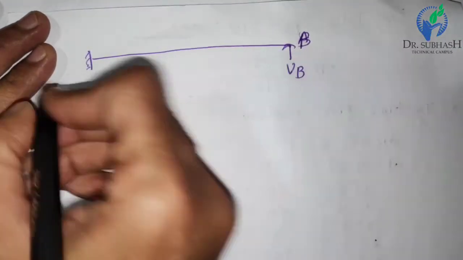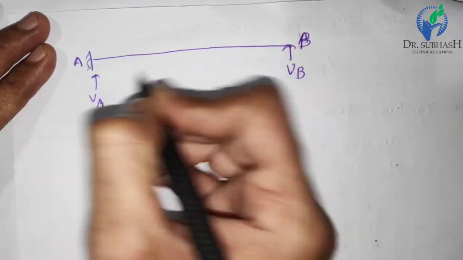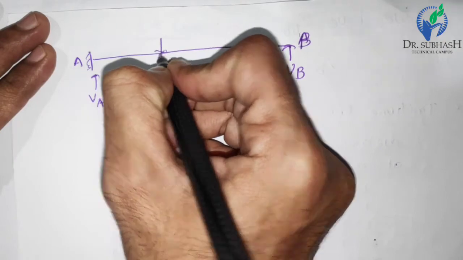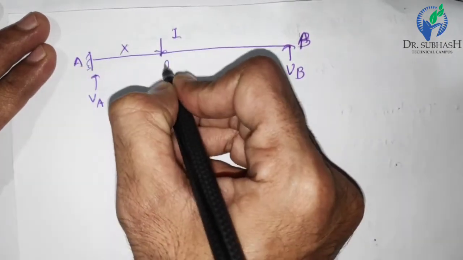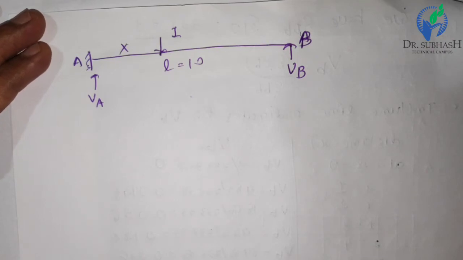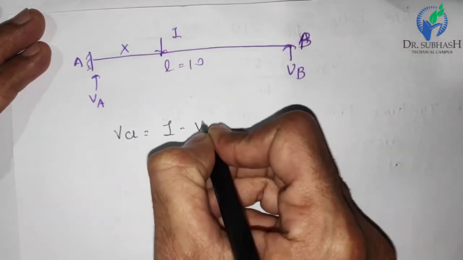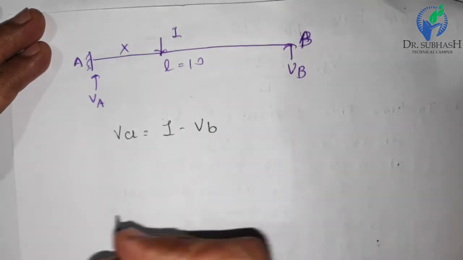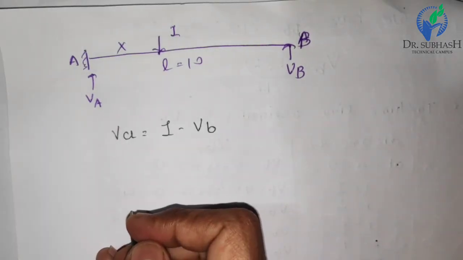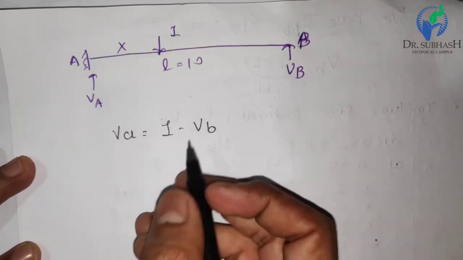Sorry, this is B and this is A. Now we find VA. This is the unit load 1 at distance X, and L is equal to 10. For any position of the unit load from A to B, as it moves along span A to B, we know that VA is equal to the total load minus VB. This is the traditional way of finding the other reaction. We have already calculated the ordinates of VB.